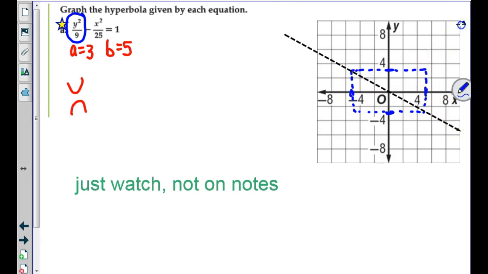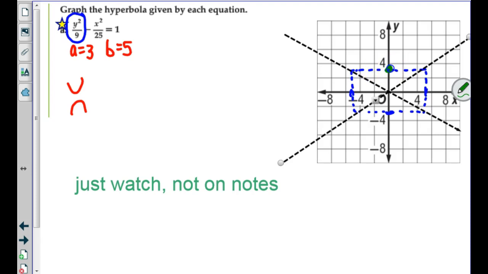Okay, that one wasn't too bad. All right, you see what I'm saying? They have to go corner to corner. You all right? Now, once you have that drawn, then the actual hyperbola, this one says y came first, so it's going to open up and down.